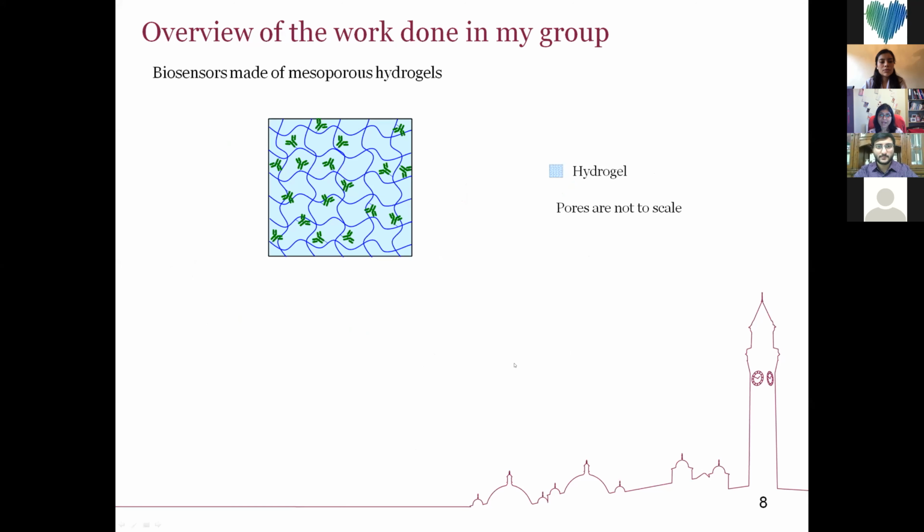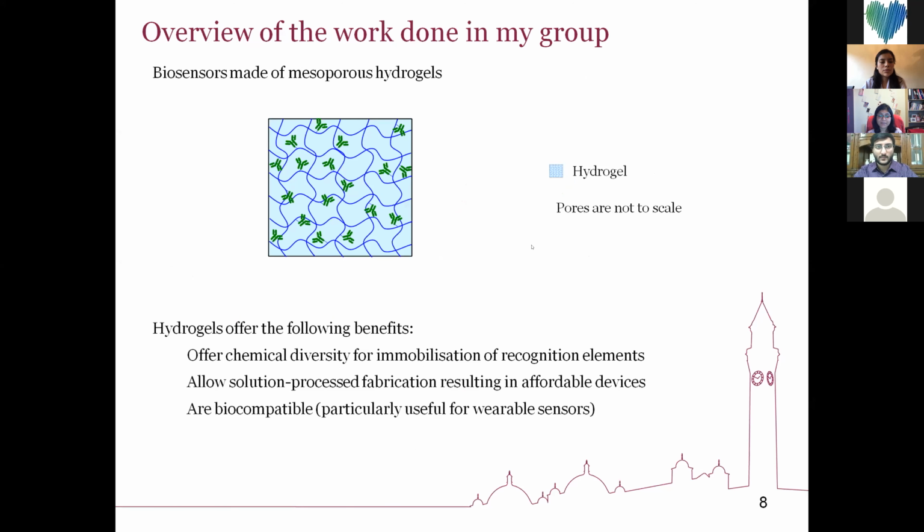Okay, so in my group, we make these biosensors out of hydrogels. And some of the reasons why we make them out of hydrogels is because hydrogels are chemically very diverse. So this gives us lots of different ways of attaching these recognition elements. And we can also tailor their density of immobilization.